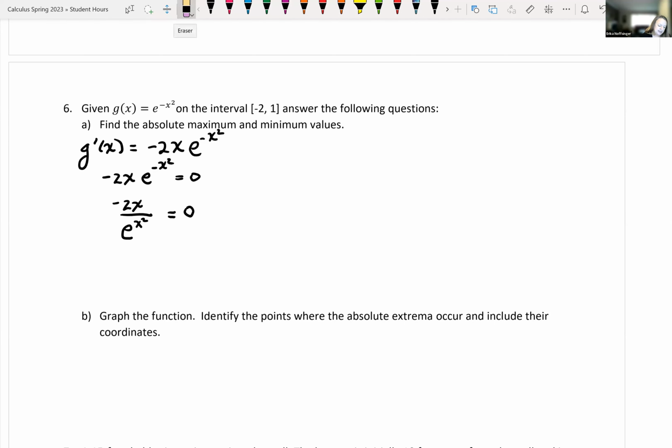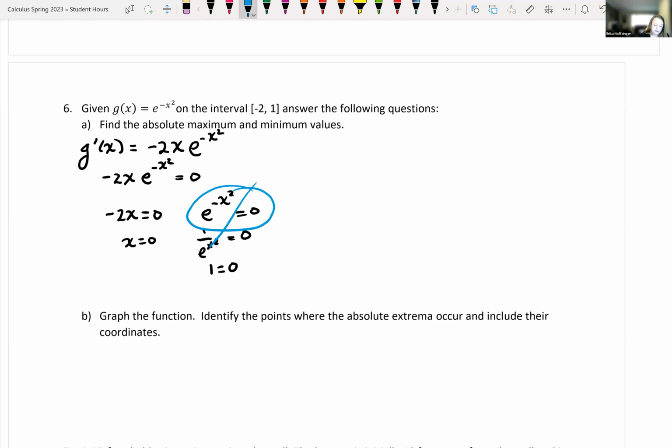The other thing I could have done, which might be better, is look at when -2x is equal to 0 and when e to the negative x squared is equal to 0. -2x is equal to 0 when x is 0. For the e function, multiplying both sides by e to the x squared, I get 1 equals 0, which is false. So it's impossible for e to the negative x squared to equal 0. So we only have one critical value, x equals 0, and you need to make sure it falls in our interval of -2, 1, which it does.